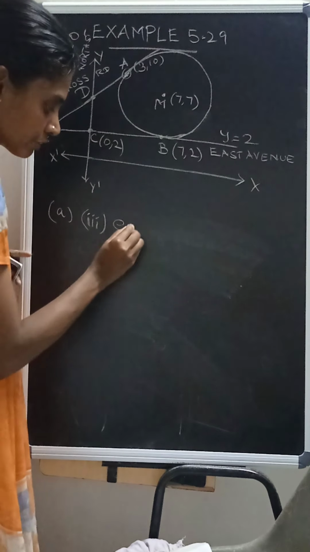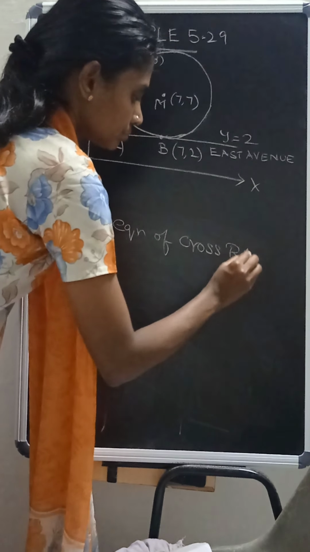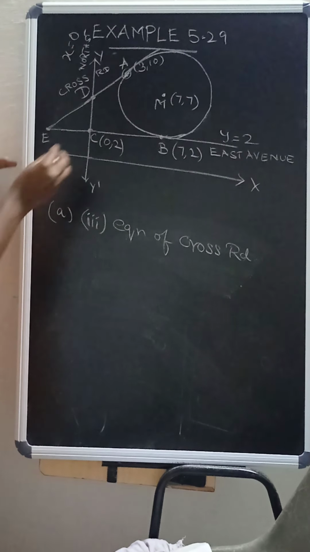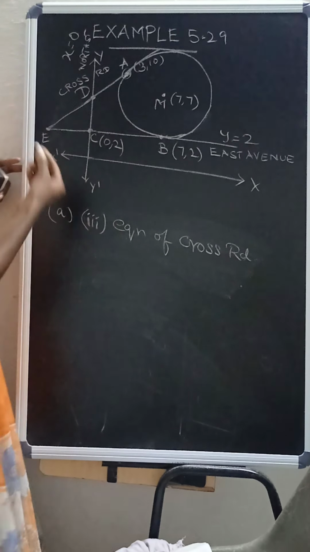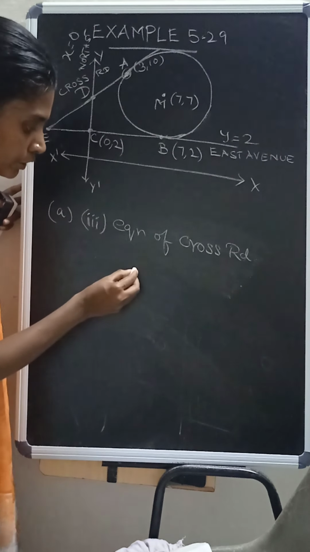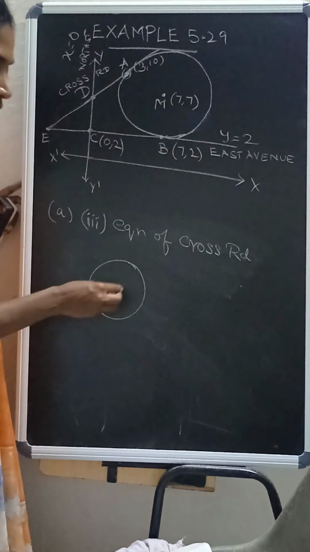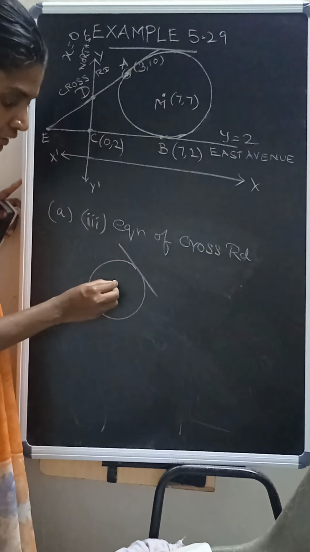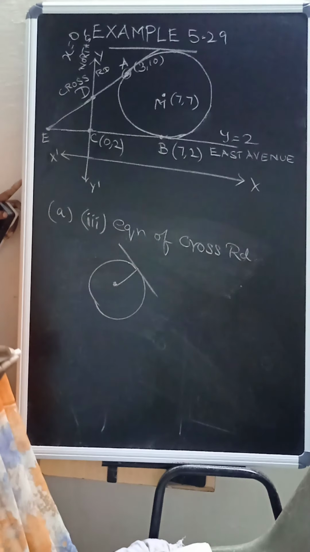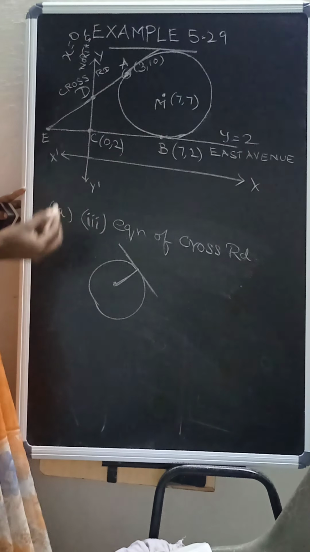Third, they are asking you to find the equation of Crossroad. So where is Crossroad? Here is Crossroad. Now see, 1 point is given, no other values are there for you. So now what we can do is use a theorem you have studied in the smaller classes. Whenever there is a tangent to the circle, the radius from the center of the circle is perpendicular to the tangent.